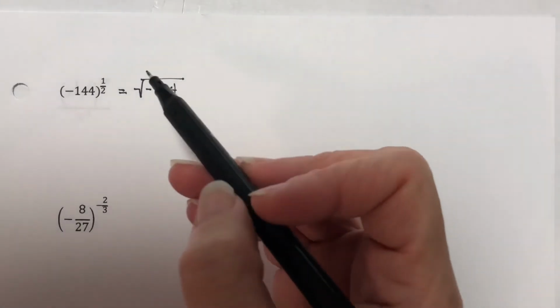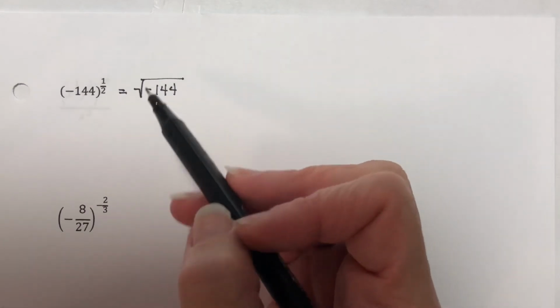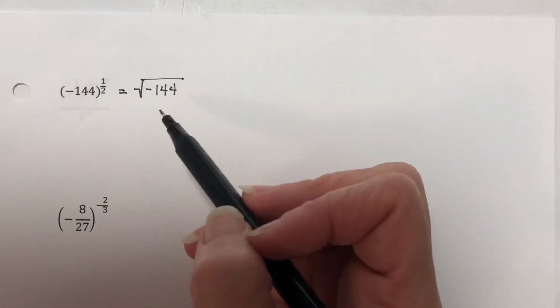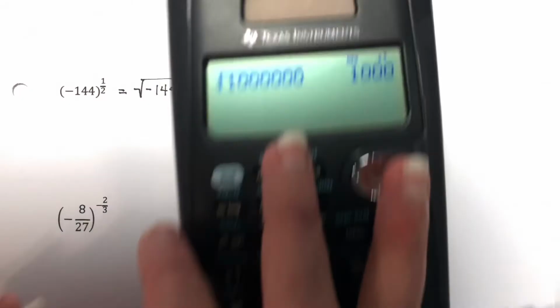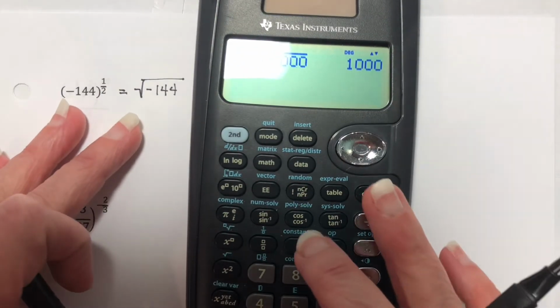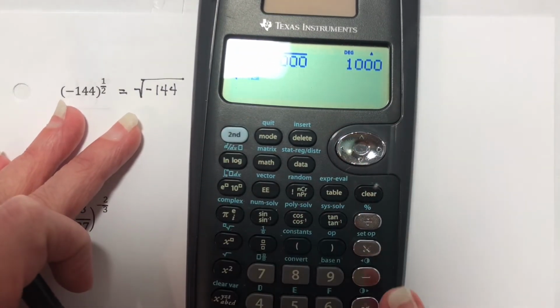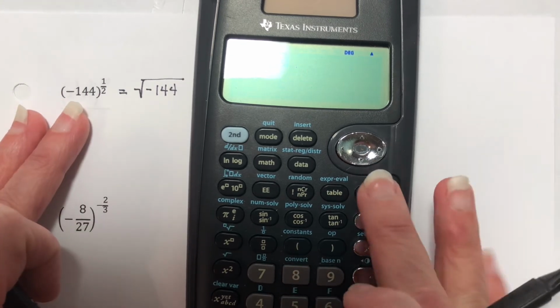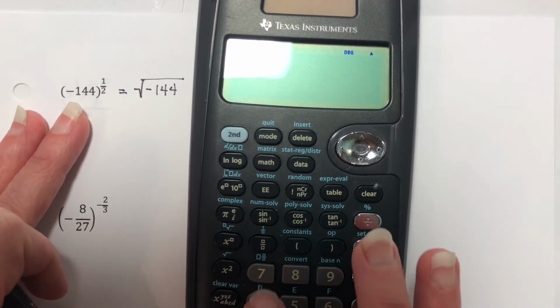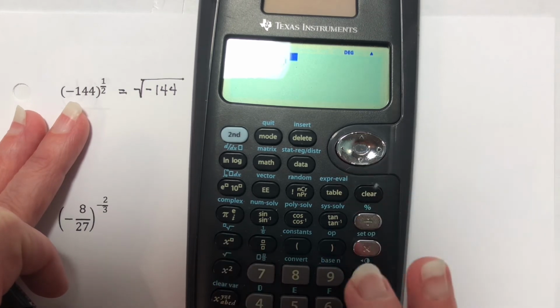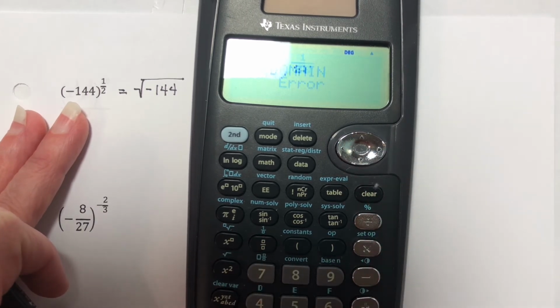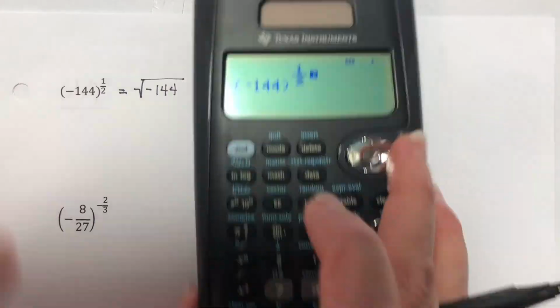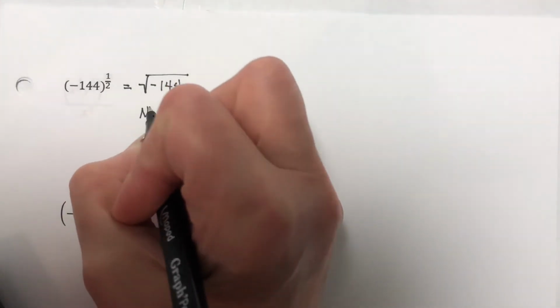Now we will learn how to deal with this special case, the square root of a negative, in the last chapter. But for right now, if I enter the square root of negative 144 exactly the way it is, I get domain error. If I enter it inside the parentheses and then raise it to the 1/2 power, I also get domain error. This is not a real number.